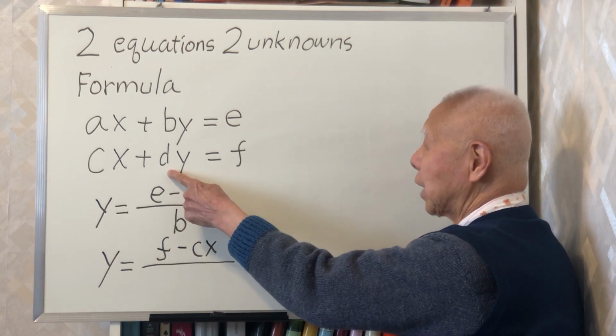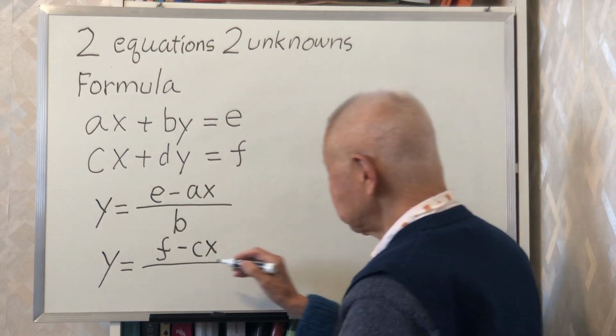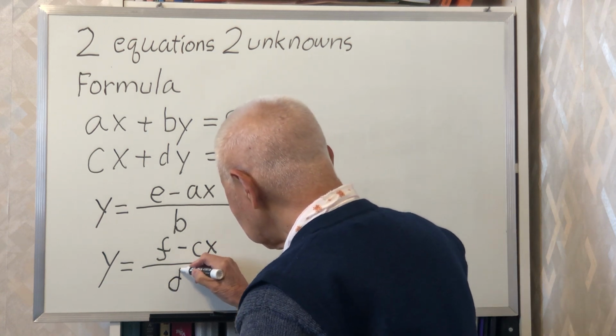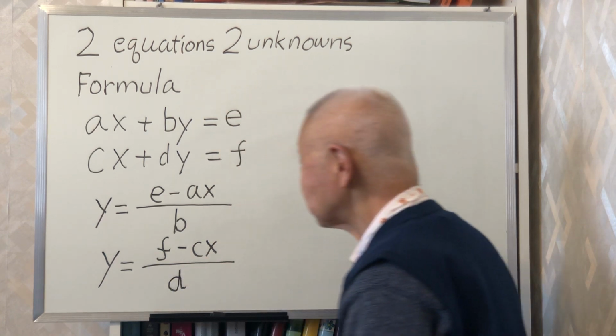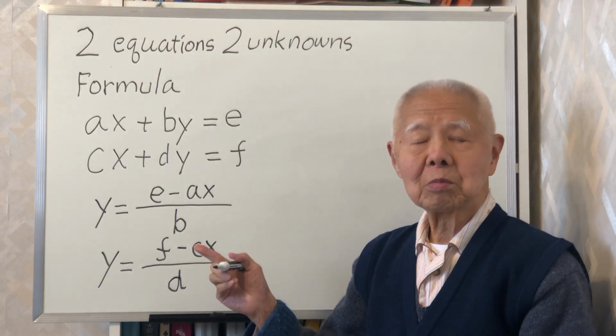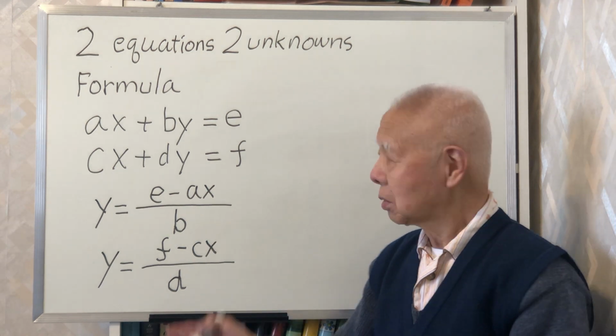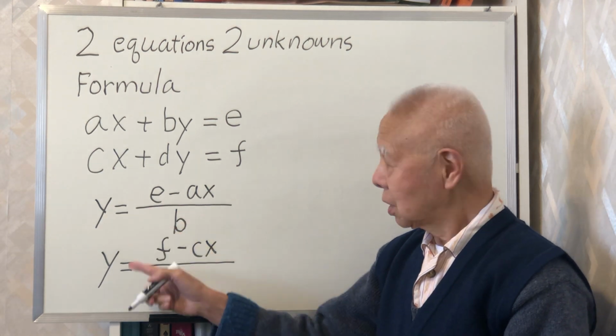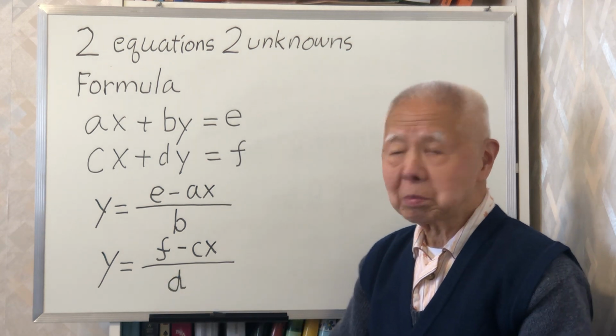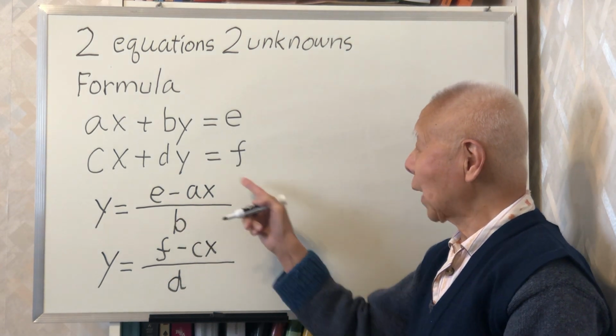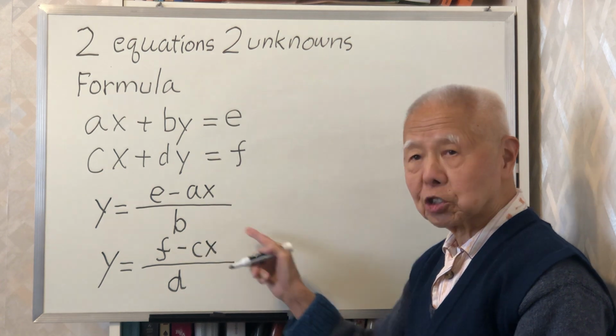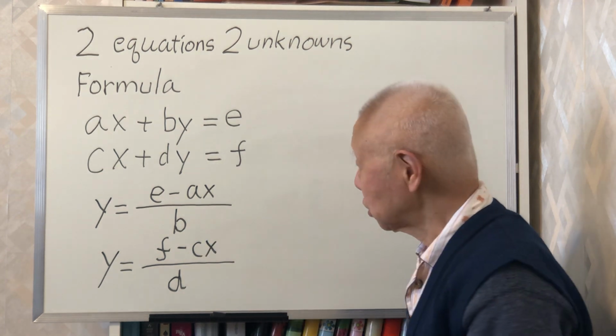Then you divide by d to get y. Now we do comparison. y and y are the same, therefore the right hand side must equal to each other.